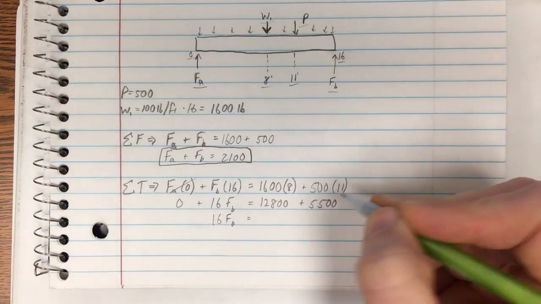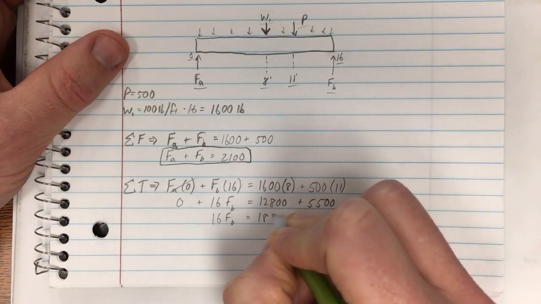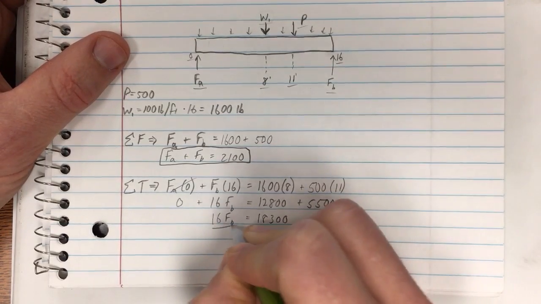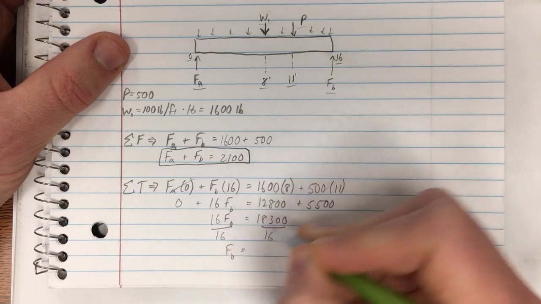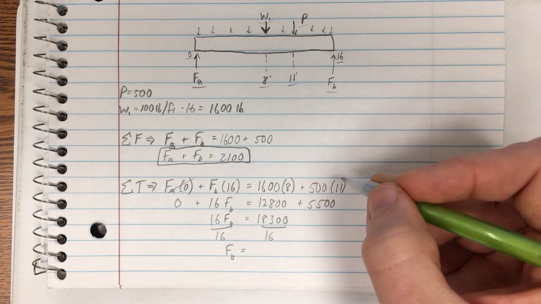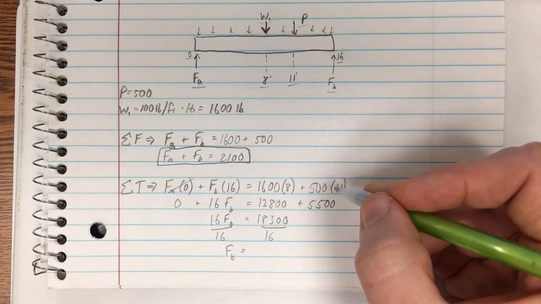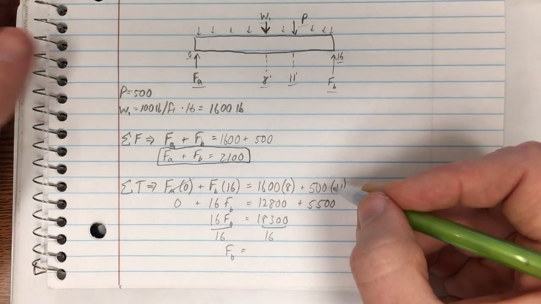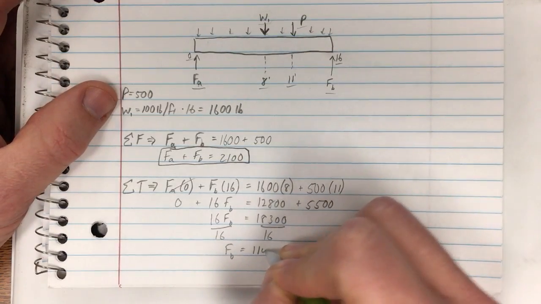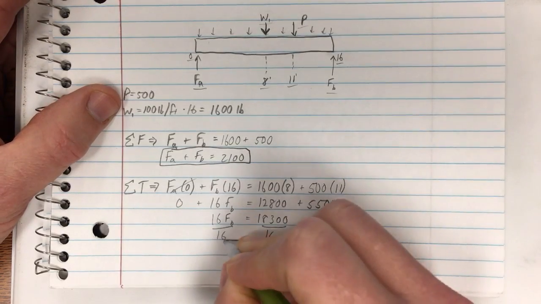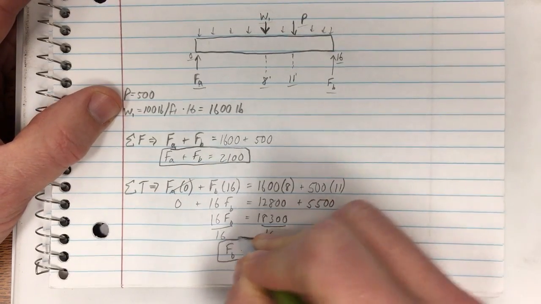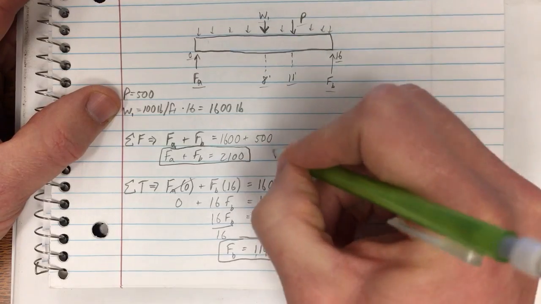If we add these two together, we get 18,300, and then divide by 16. And FB equals 1,143.75 pounds.